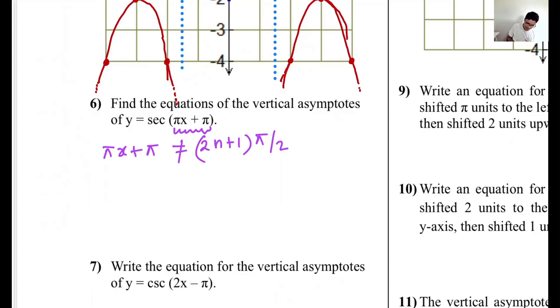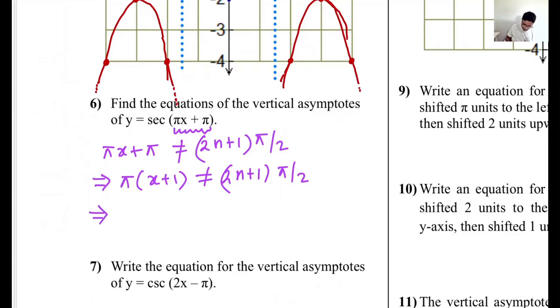Okay, and then you have to solve for it and factor pi out of the left-hand side. You get pi times (x plus 1) not equal to (2n plus 1) pi over 2.